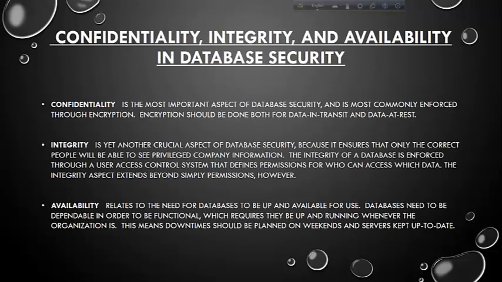Here are some very important topics on database security: confidentiality, integrity, and availability. Sometimes data must be confidential, so we need to secure that data. Integrity is another thing that is very much related to database security.